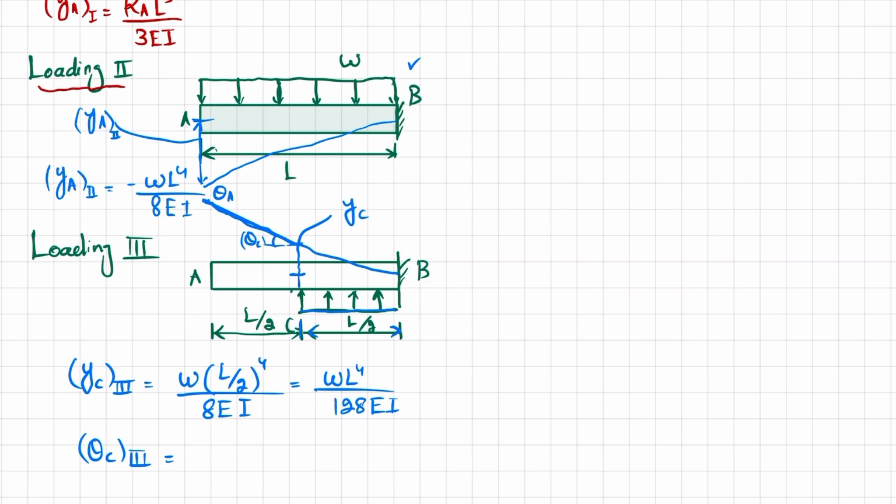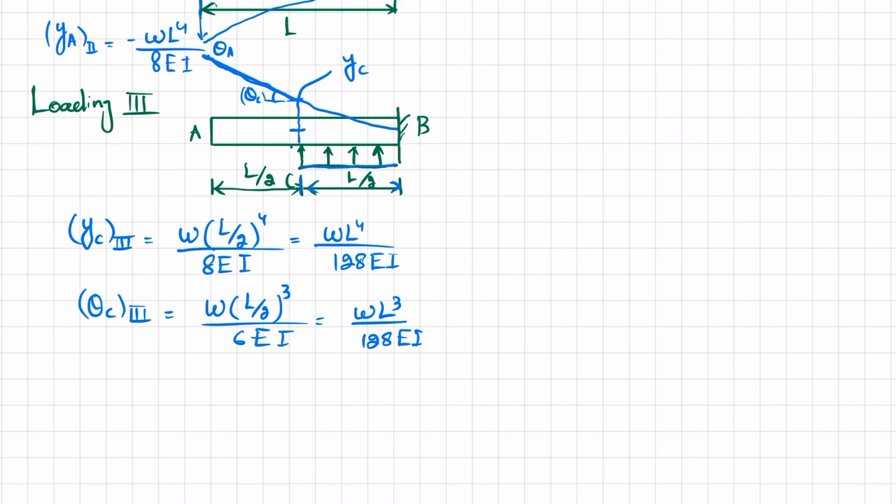So theta C will be equal to W into L by 2 whole power 3 over 6 EI, and if you simplify it, it will be WL^3 over 48 EI. Now you can see the deflection at point A is what we are interested in finding. This is YA, and this YA is equal to YC.